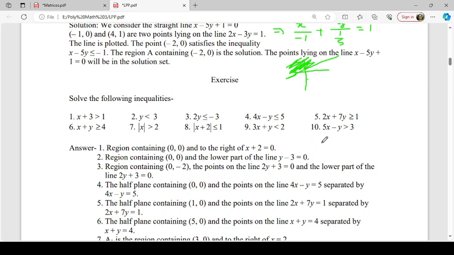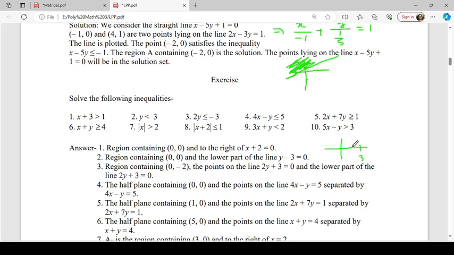Then x plus 3 greater than 1. Our region will be like this. x plus 3 greater than 1 means x plus 2 greater than 0.